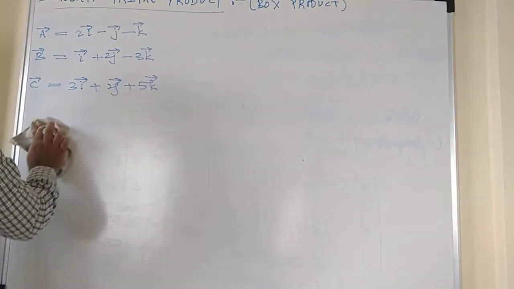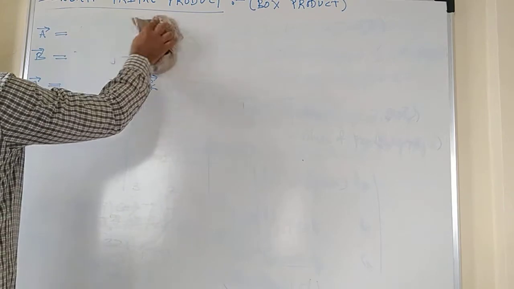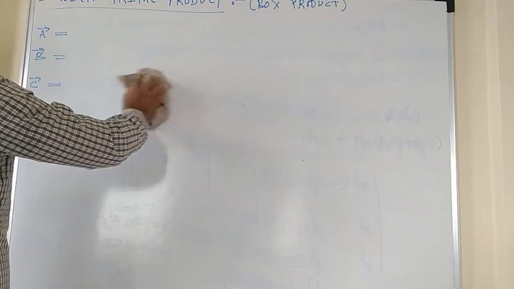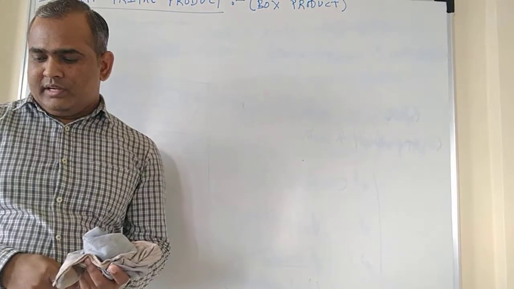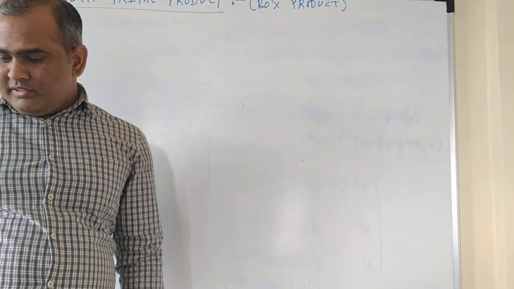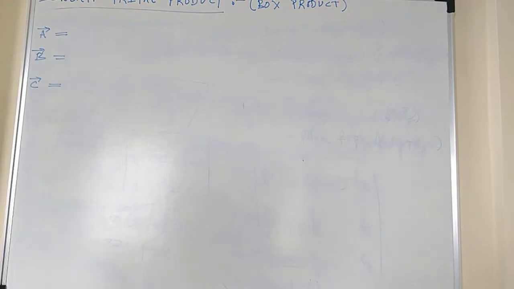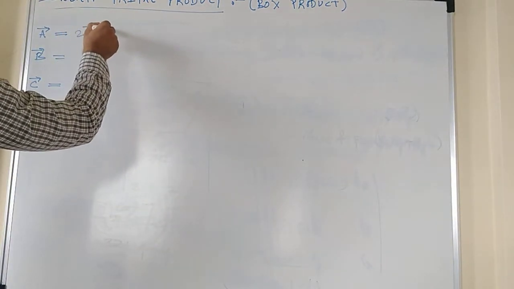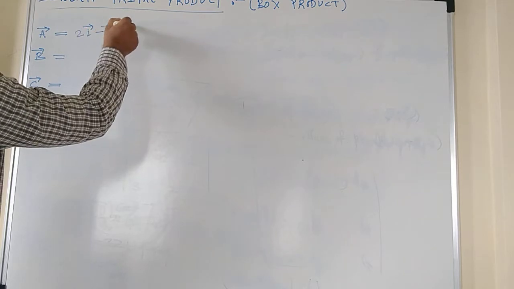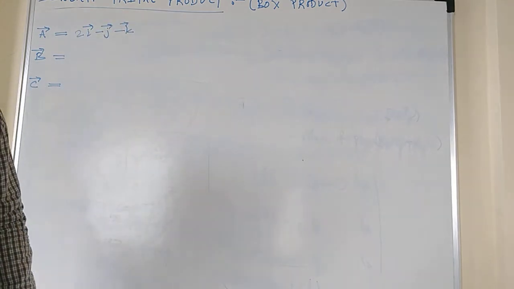If the scalar triple product of the three vectors is equal to 0, then this indicates that the given three vectors are coplanar vectors. Correct? So let's write the three vectors. First vector is 2i minus j minus k.